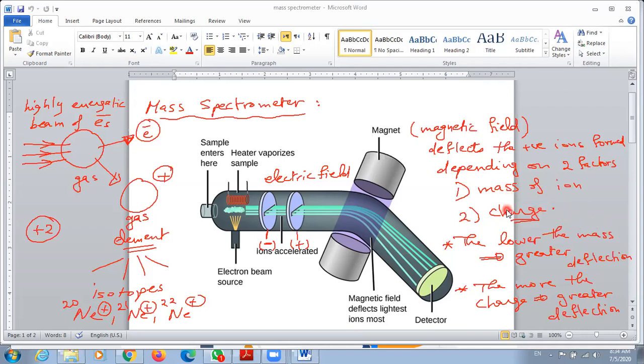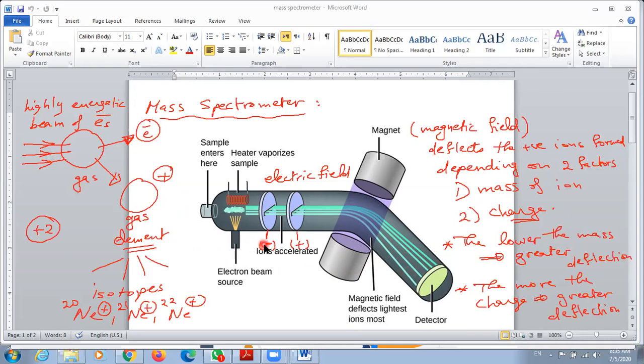In this course, we say that most of the ions formed will be in the +1 charge. But in organic molecules, they can form either the +1 or the +2 charge, and in that case, they can be separated more and more. We can get more separations. In organic molecules, we don't have a simple mass spectrum as in the case of elements.